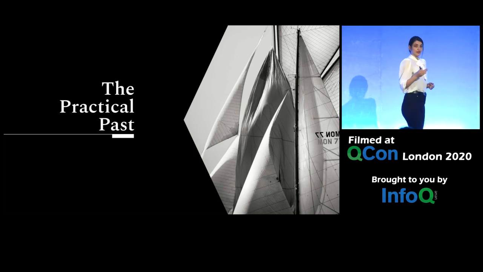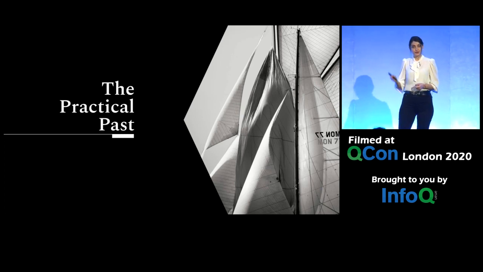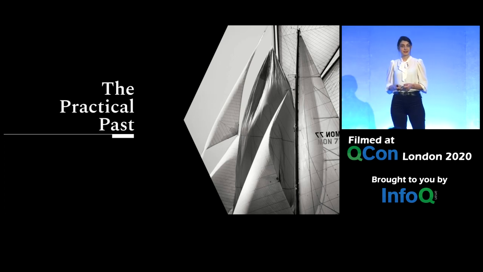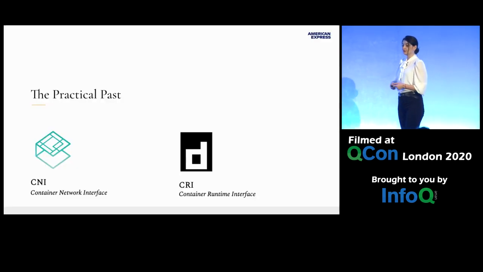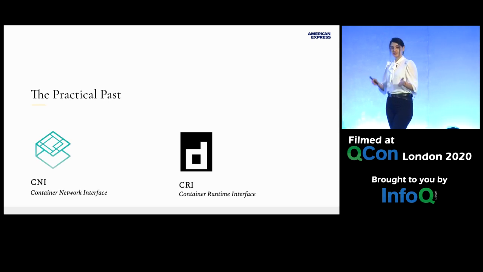However, to reach the state of the art, complex challenges required solutionizing, such as the support for different networking and hardware systems. And this prompted for the CNI and CRI to be introduced. So pretty much the container network interface and the container runtime interface.